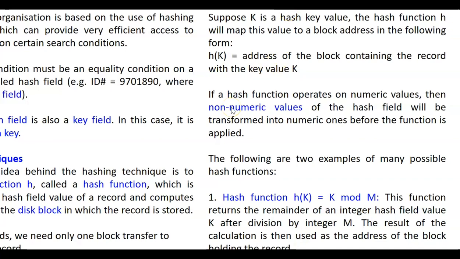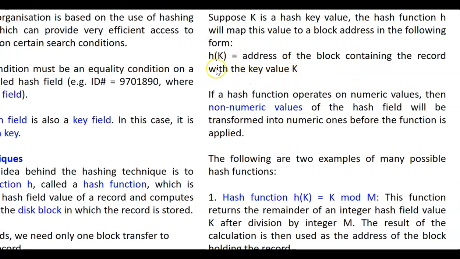So we're giving an example. Suppose K is your hash key value and the hash function H is mapped onto that particular value. So the following takes place. You have this function H(K), which gives the address of the block containing the record where the key value K is.